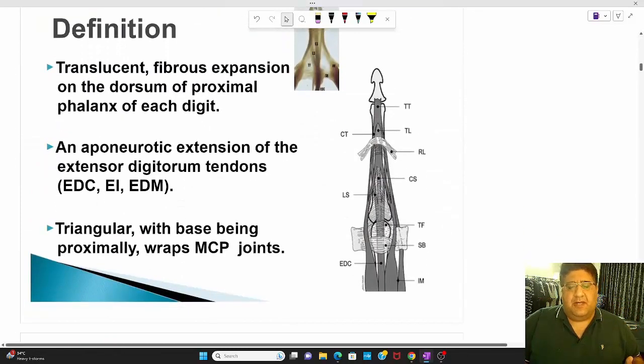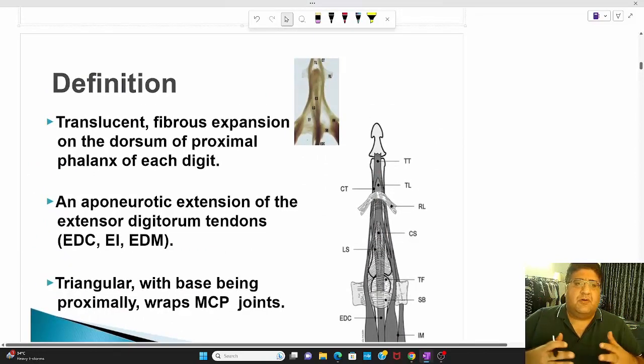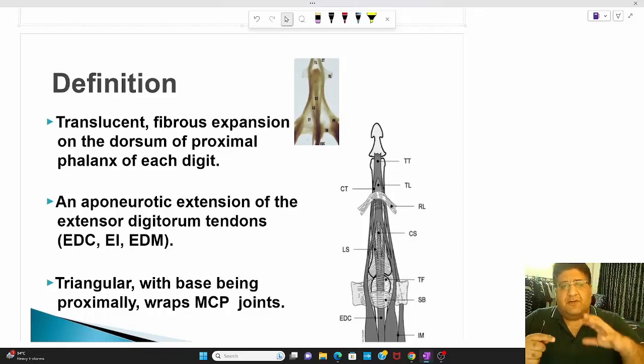Now moving ahead. Suppose you get a short question on the extensor apparatus. The first thing is that you have written that it contains EDC, EIP and EDM, but how do you define it?